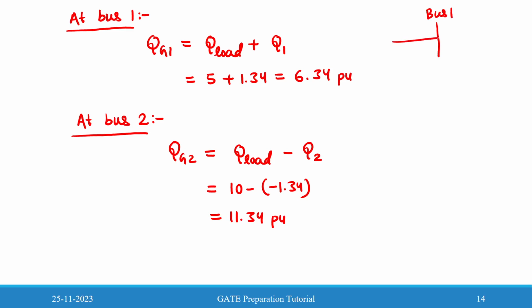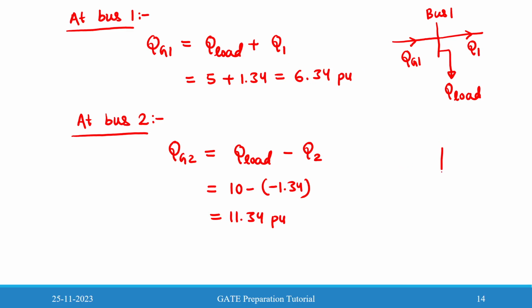This is reactive power being provided by generator 1, and this Q1 is going through this transmission line, and then this is Q load. So Qg1 is equal to Q load plus Q1. So you will get 5 plus 1.34, that is 6.34 per unit.